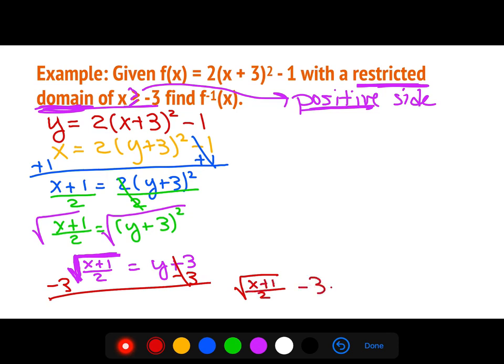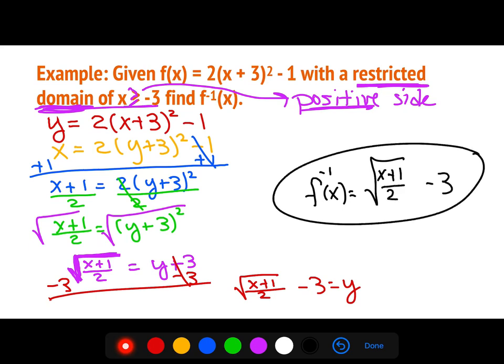And I get the square root of x plus 1 over 2 minus 3 equals y. And then I rewrite that as my answer. f inverse of x is the square root of x plus 1 over 2 minus 3. And let's analyze it.